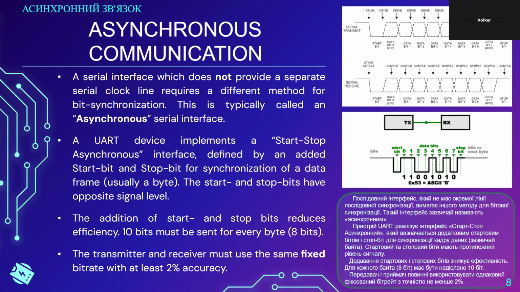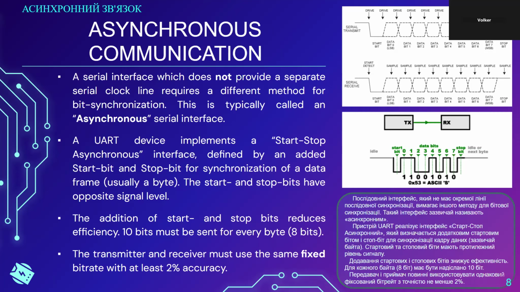And as it happened, all the commonly used serial interface speeds are divisible by 300. So common speeds of this fixed bit rate are, for example, 9600 bits per second, 19,200 bits per second. It usually doubles, 38,400 bits per second.